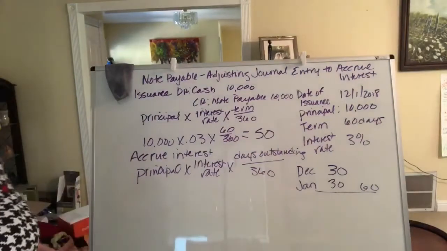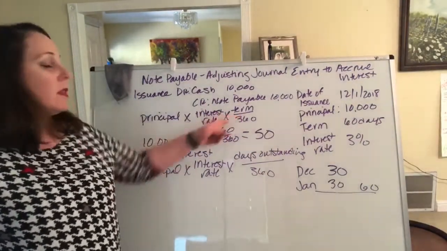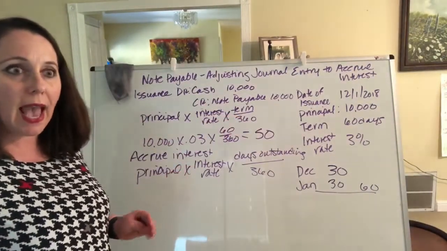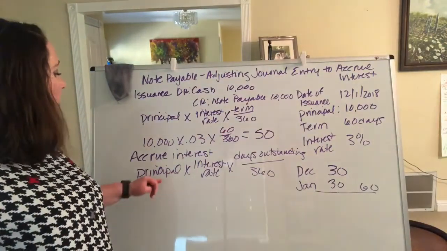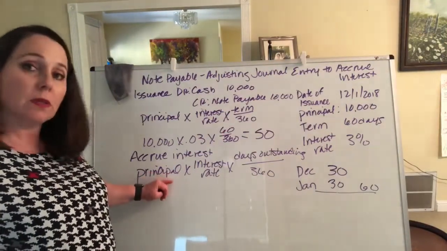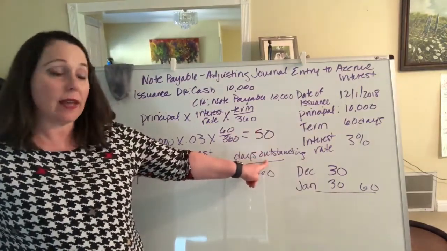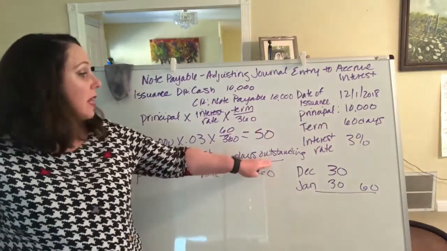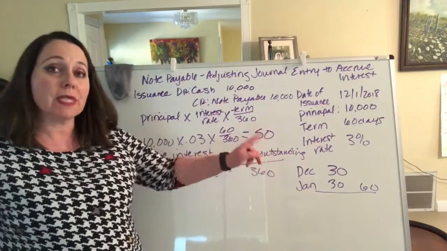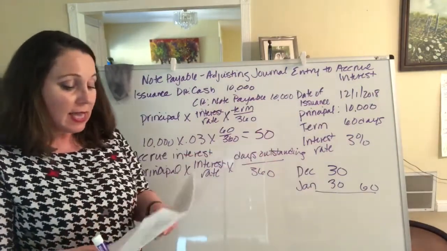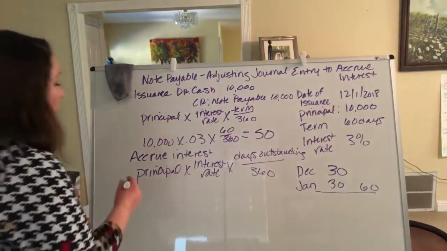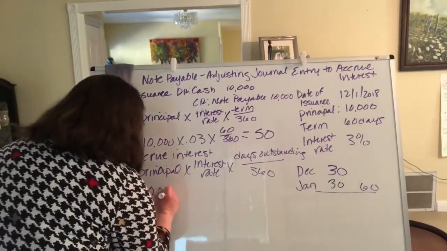it's going to look very similar to when we calculate how much interest we have to pay at the end of the term. But the formula is going to be principal times the interest rate times days outstanding at year end divided by 360. So instead of the numerator being the whole term, it's going to be the number of days outstanding. In this case, at December 31st, our principal still is $10,000.